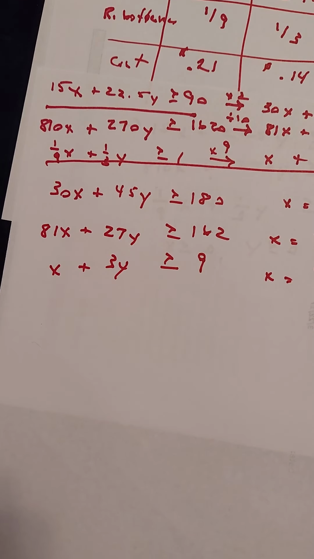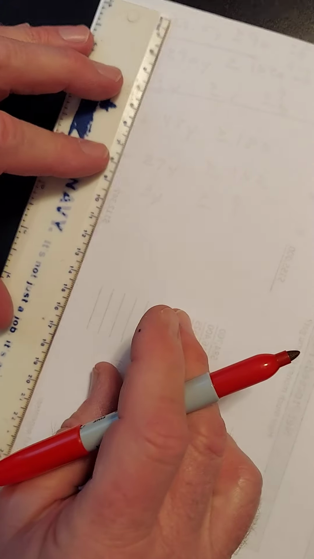Okay, now what? Well, now we got a graph. Okay, get all my toys out here. If I look at the x's, I got to go out to at least 9, and on the y's I got to go at least 6. So here's what I'm going to do, and I'm going to do all of this from scratch. So bear with me.